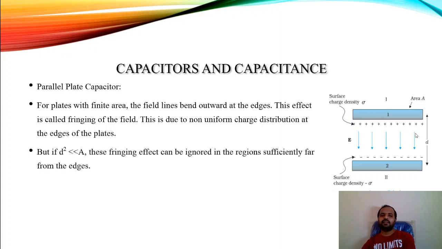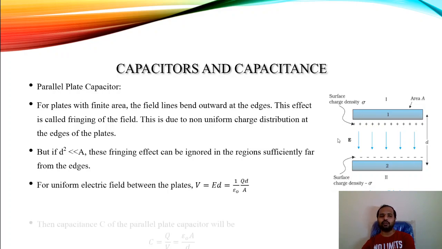However, we find that the area of the plate, if we take it as A, is very much greater than the square of the distance between the two plates, and as a result this edge effect, which we call the fringing effect, is usually ignored.